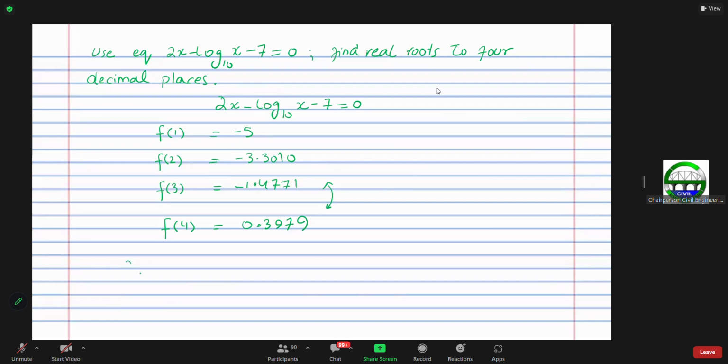So in the first approximation, x1 is equal to 3 plus 4 divided by 2, which is equal to 3.5. Then f of x1 is equal to f of 3.5. Can anyone tell me the value of f of 3.5?